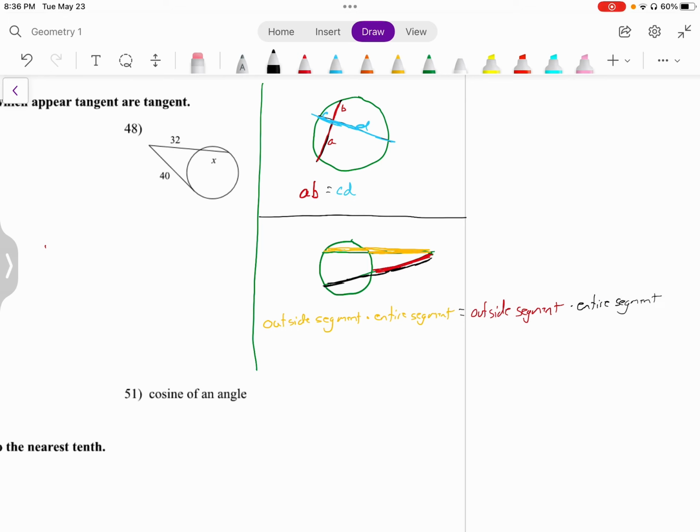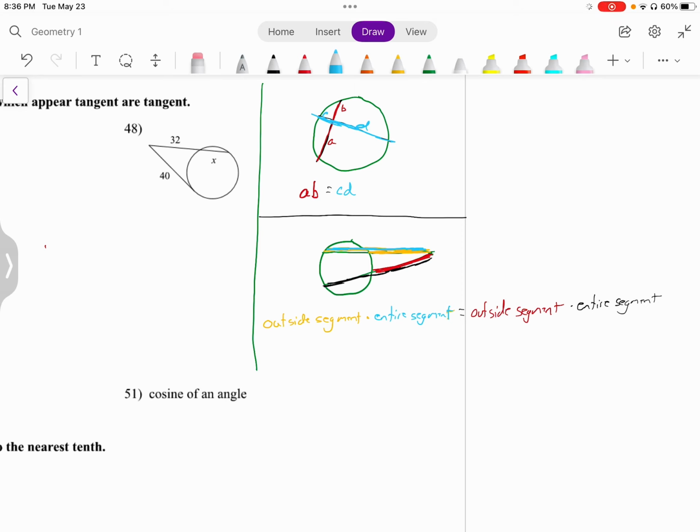And over here, I'm actually going to change this too. Let's change the entire segment to blue. So outside segment times entire segment. Okay.